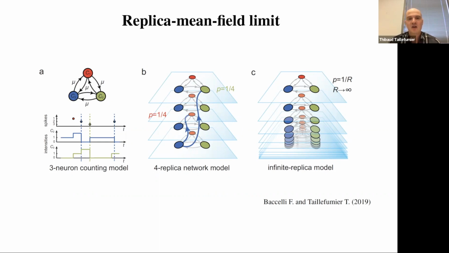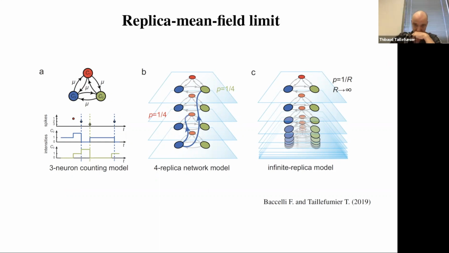Now, when you make a replica model, because the probability that two neurons talk to one another within a short time window becomes vanishingly small when R goes to infinity, you expect the correlation between every single unit to vanish. And so what you expect to do in this approach is to destroy the correlation structure, but maintain some aspect of the finite size of the interaction.